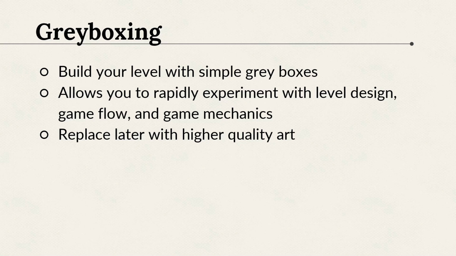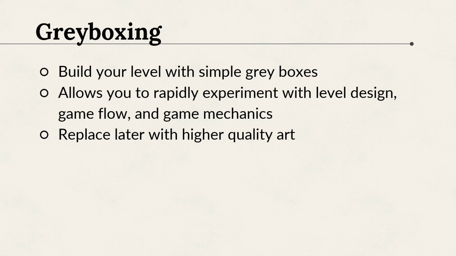So you're creating that top view of your game and putting all of the elements that you feel are necessary inside your environment. This is a very quick creation of that environment, that level that you want to have, and you can look at the flow and your game mechanics before moving forward. And then later on, when we are ready, we are going to replace them with higher quality art.